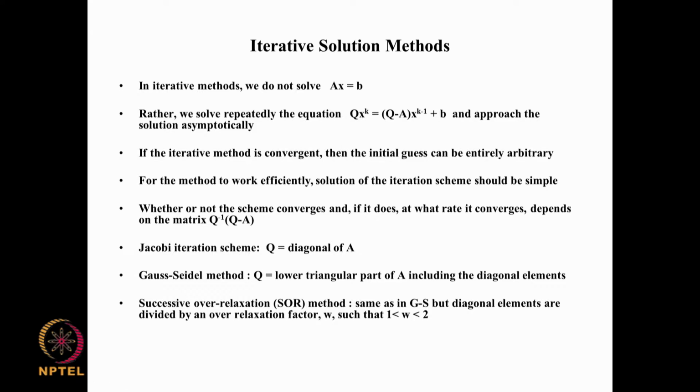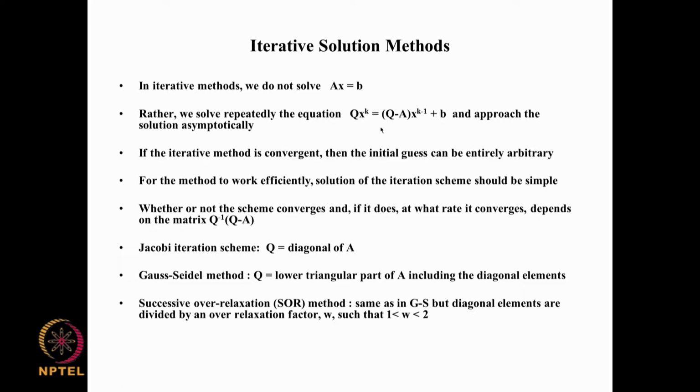Just like when you look at the LU decomposition method, once you resolve A into the product of L and U, then the solution is pretty easy, but the decomposition of A into L and U itself is computationally expensive. So although the solution of LU x equal to b is easy, converting A into LU is so expensive that the overall scheme is more computationally intensive than the Gaussian elimination method.